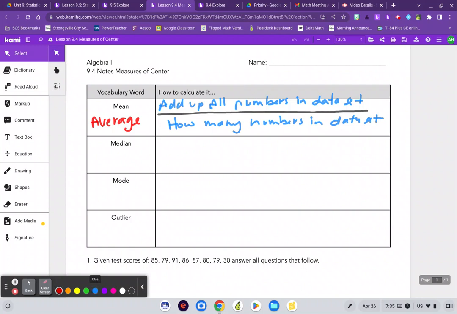The median we think of as being the middle number. And in order to find the median, we have to put the numbers in order from least to greatest. And then find that middle number.